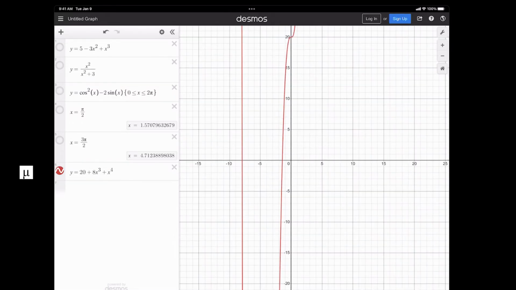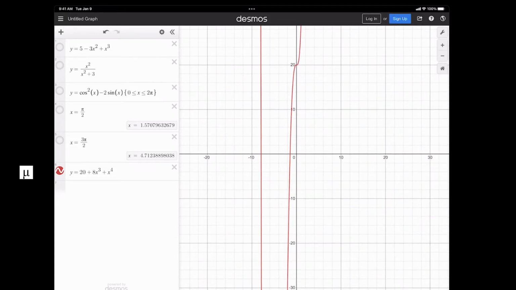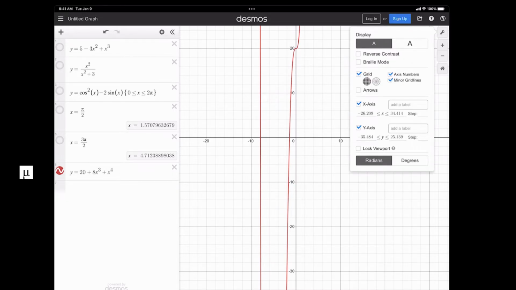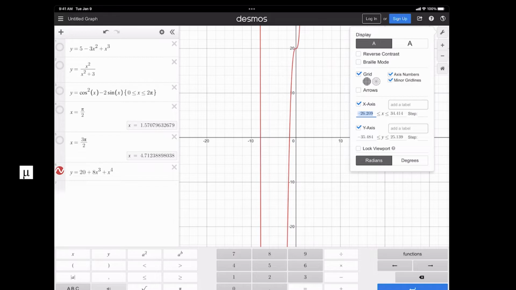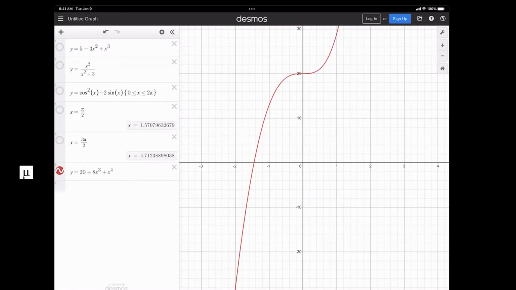Okay, let me see if I can stretch this out because it's hard. Let me see if I can graph it so you guys can see here. If I do -4 to +4 on the x-axis, that's a little better, okay?